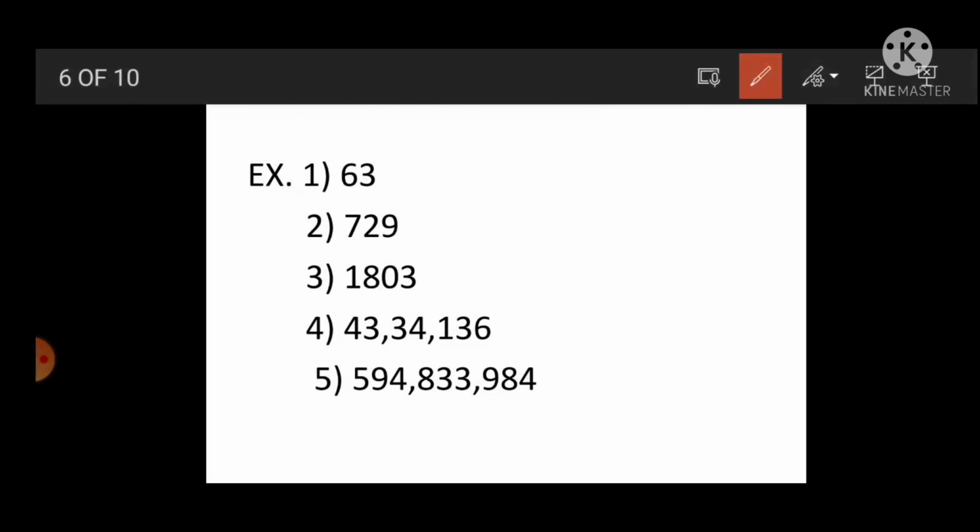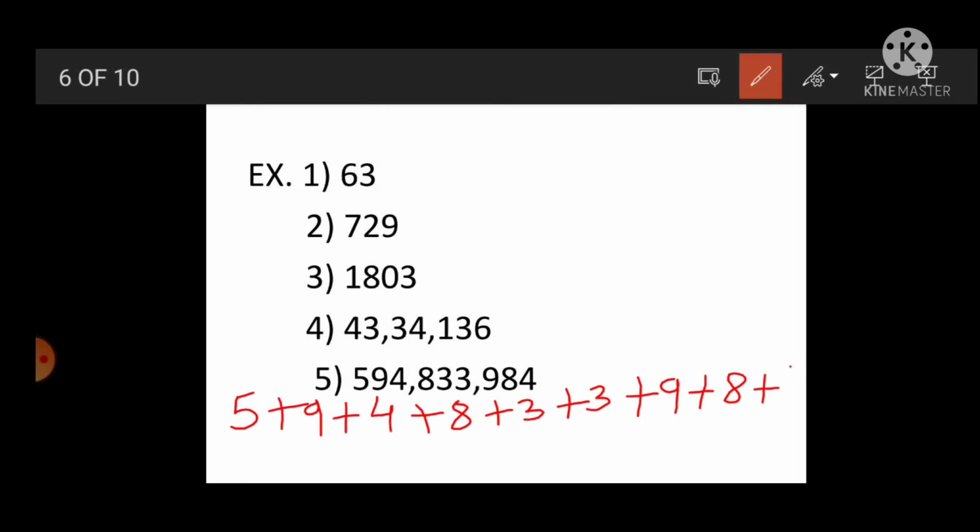Fifth example. What is the fifth example? 594,833,984. Check the addition. 5 plus 9 plus 4 plus 8 plus 3 plus 3 plus 9 plus 8 and plus 4.